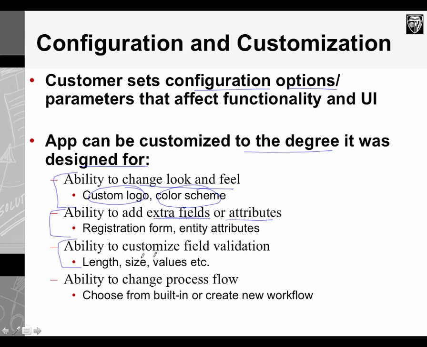Ability to customize field validation as the new fields are being added. They should be able to customize the validation of the fields in terms of length, size, and the values. The ability to change the process flow. If it's one of those workflow applications, you should be able to control the process flow, the workflow of the application. So these are all some examples of customization that you can give in your SaaS application for the SaaS users.